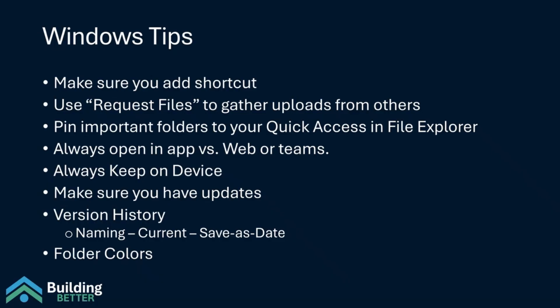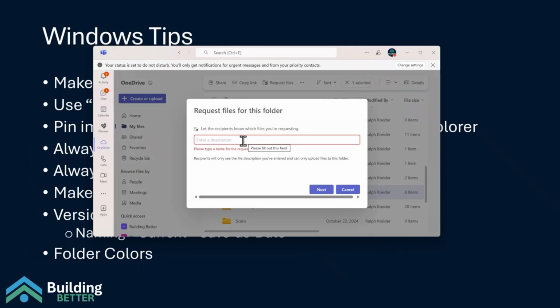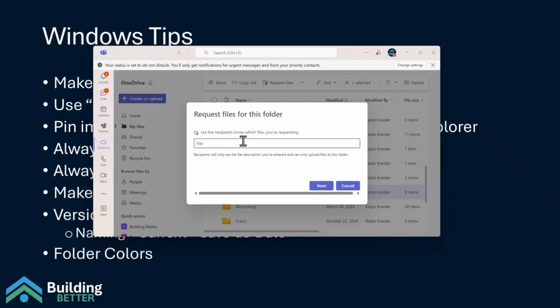You can request files. So this is kind of a cool thing. If you're in your OneDrive, you can go to a folder and hit request files. You can create a file description and say, photos of the latest groundbreaking. Next.